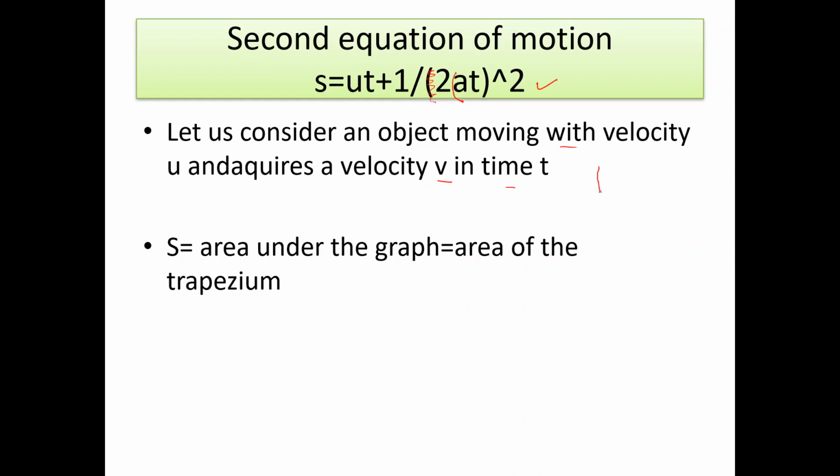How can you plot a graph? Again, draw a straight line using a scale. Here we'll take time. This is t is equal to 0. It is moving with a certain initial velocity u, and in time t it reaches a velocity v.